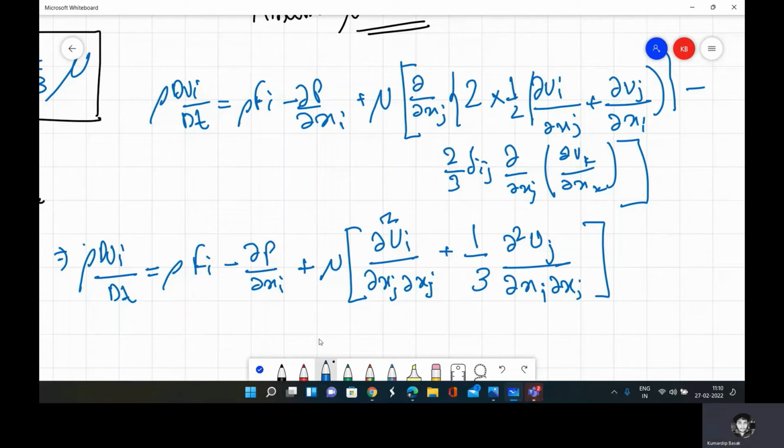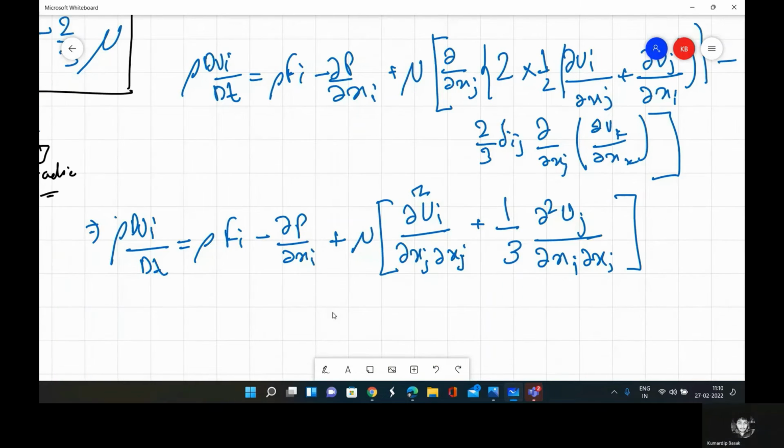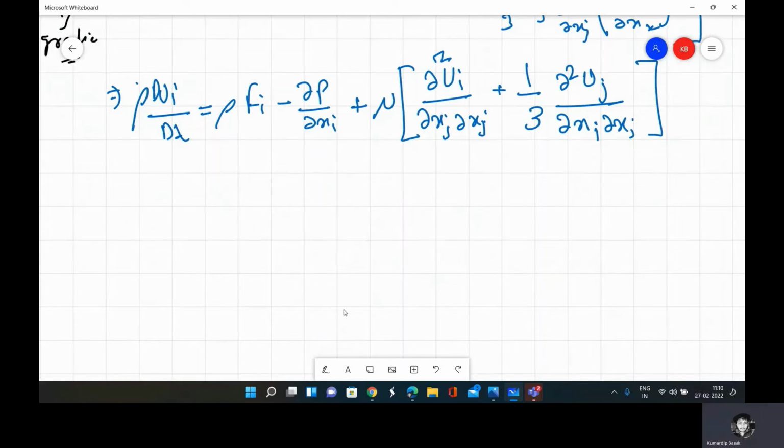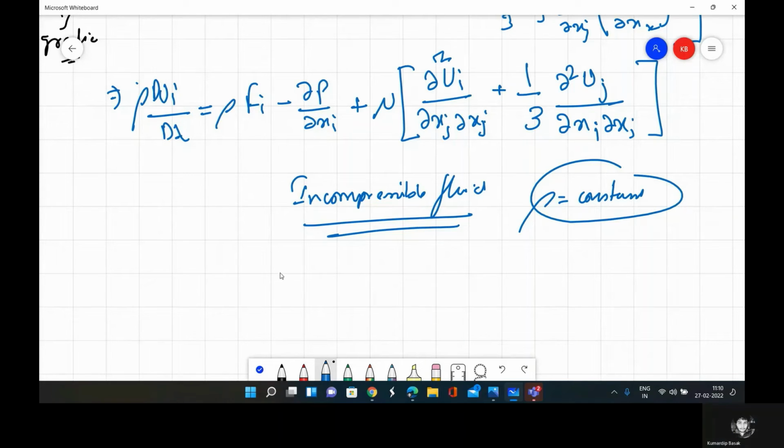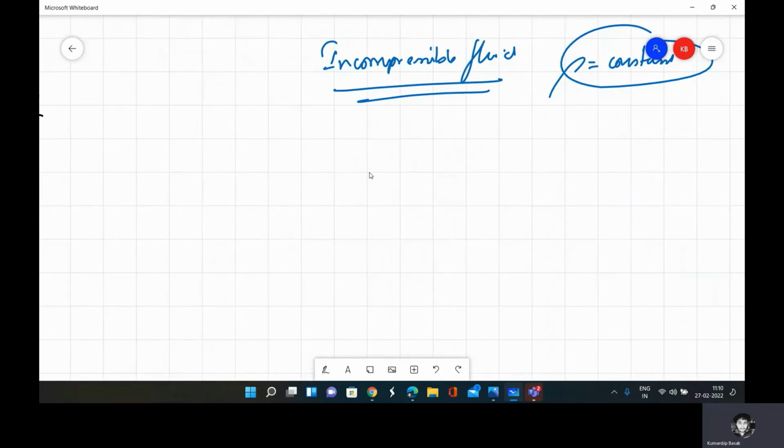Fine. Now our assumption is the fluid is incompressible. Therefore, for incompressible fluid, rho is constant. For rho constant, what are we getting?